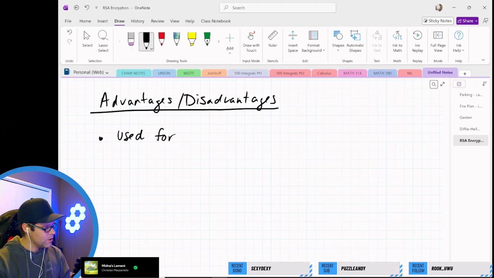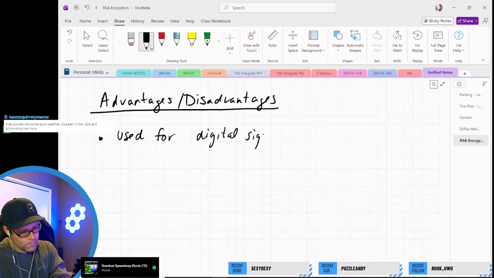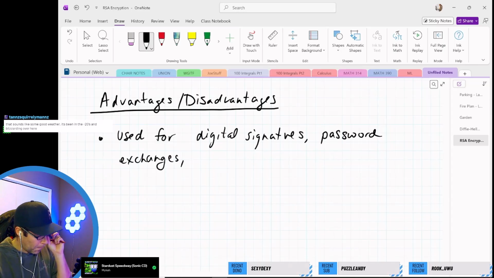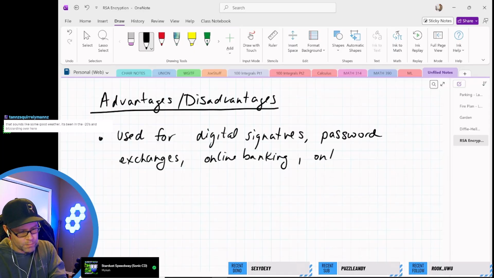So RSA is used for things like digital signatures, password exchanges, online banking, and online shopping.